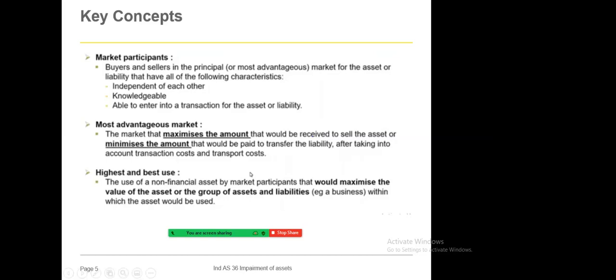So it is a market where if you sell your asset, you will get the maximum amount, and if you transfer your liability, you need to pay the minimum amount, after taking into account your transaction cost and transportation cost. What do we mean by highest and best use? The use of a non-financial asset by a market participant that would maximize the value of the asset or the group of assets or liabilities within which the asset would be used.